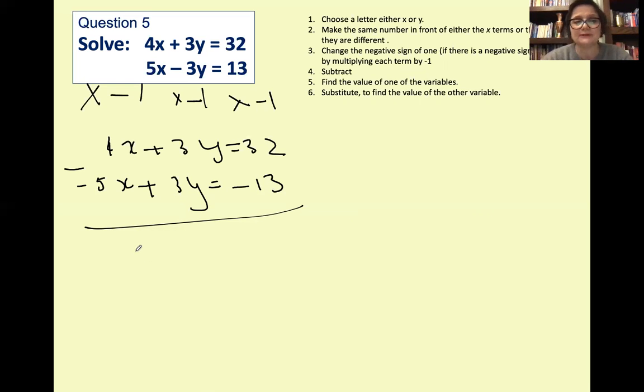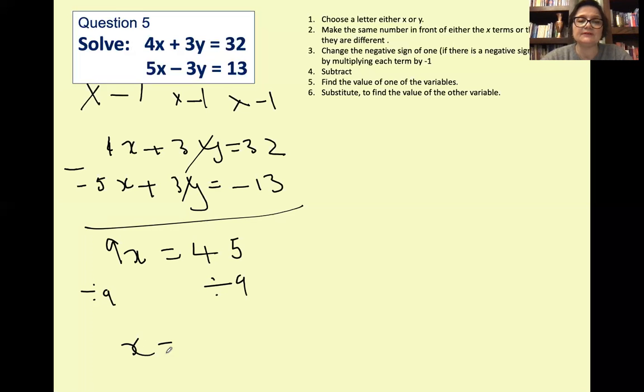I always subtract. 4x now minus minus 5. Remember, minus becomes plus. So 9x equals, cancel them out, 32 minus 13 is going to be 45. And then divide by 9 both sides, divide by 9, divide by 9. Well, the answer is going to be 5. There we go, just like that. Cancel the 9's out. X equals 5.